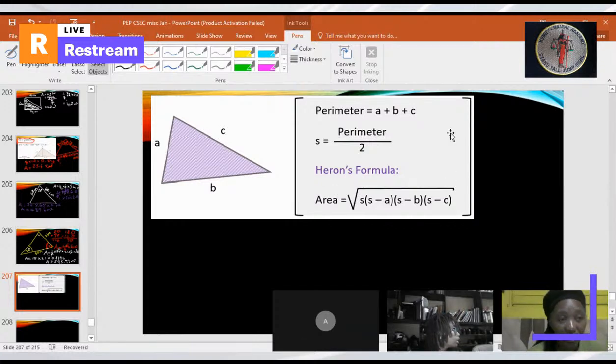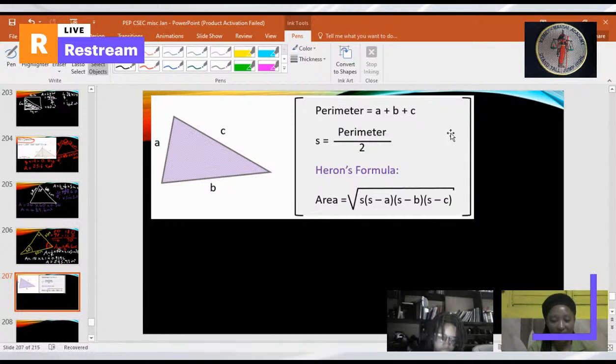So Heron's formula is quite tedious. It's not difficult, but it has many steps. But this is what you have to do if you don't know the height and you don't know any angles, or the angle between the two sides. So this is like a last resort.